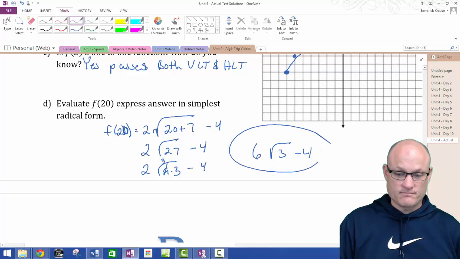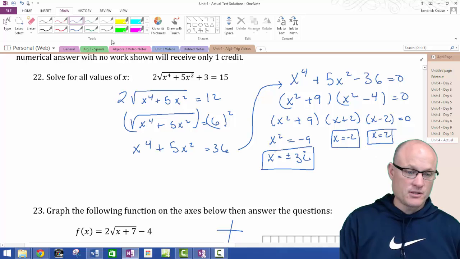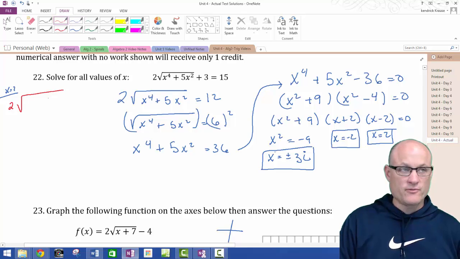All right, I'll go back up and check these. That bothers me. I didn't do that. All right, so we're going to check x equals 2. Two to the fourth is 16 plus 20 plus 3 equals 15. So this is 36.